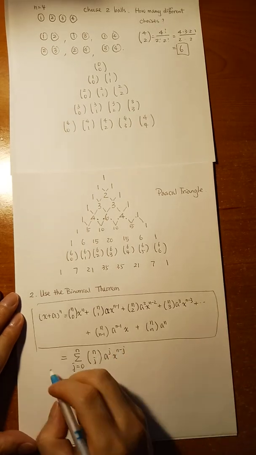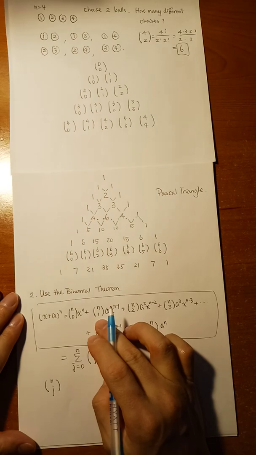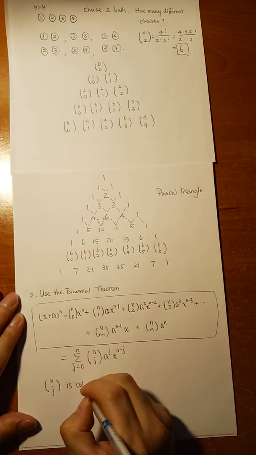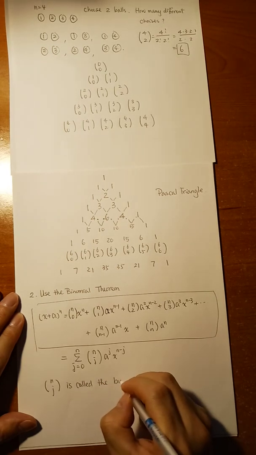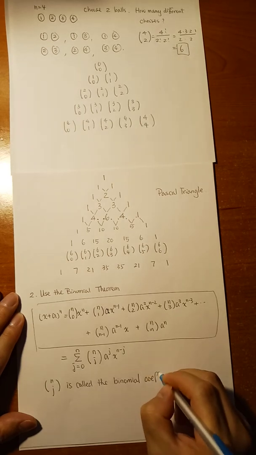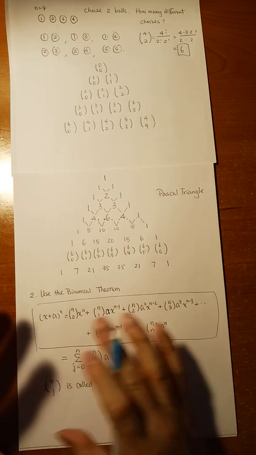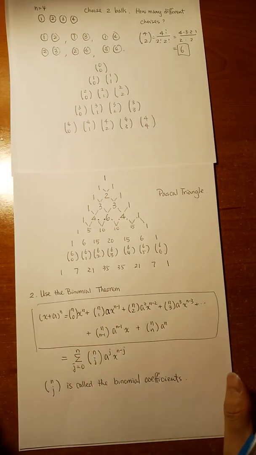And here, this n choose j, because it is the coefficient of each term, is called the binomial coefficient. There are many binomial coefficients. Okay, that's another name.